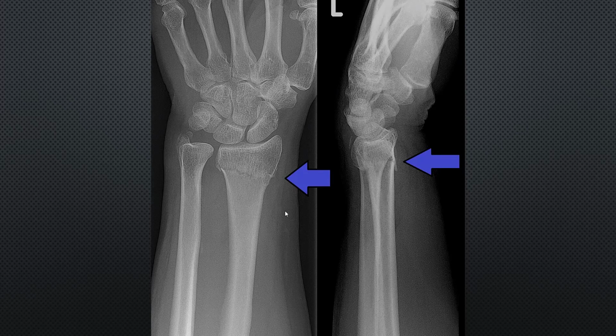Okay. So here you can see the carpal bones above the radius bone. And the head of the radius is also above the distal radius bone.